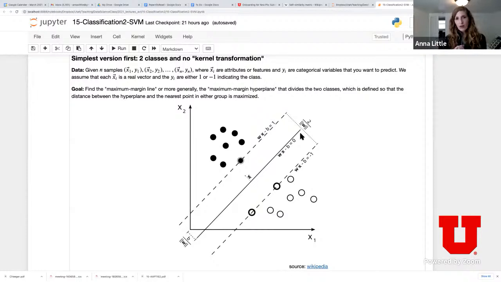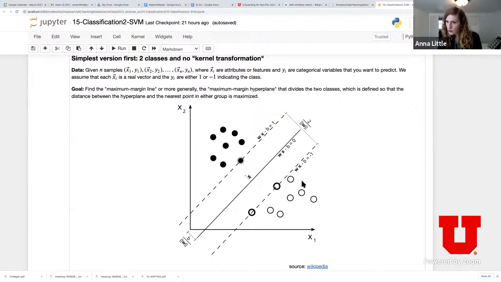Well, we want it to have as large a margin as possible, where by margin, we mean the distance from the line to the closest point in the other class. This is called finding the maximum margin line, or more generally, the maximum margin hyperplane, which is defined so that the distance between the hyperplane and the nearest point in either group is maximized.